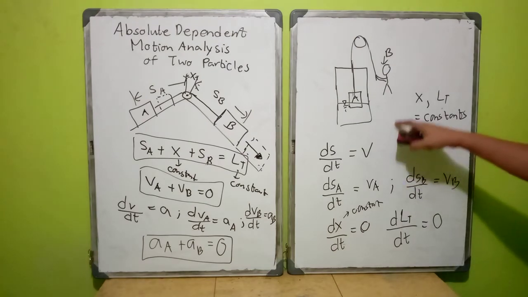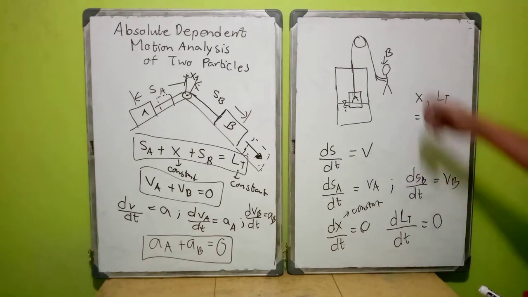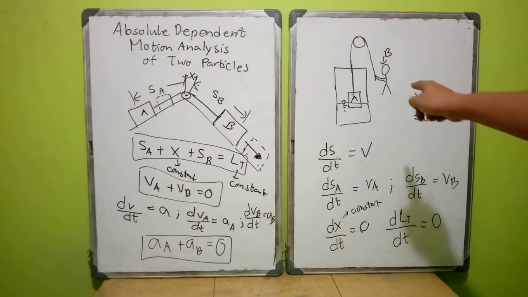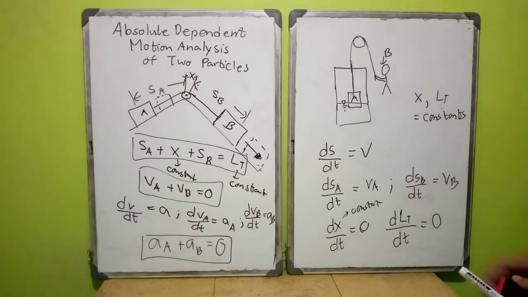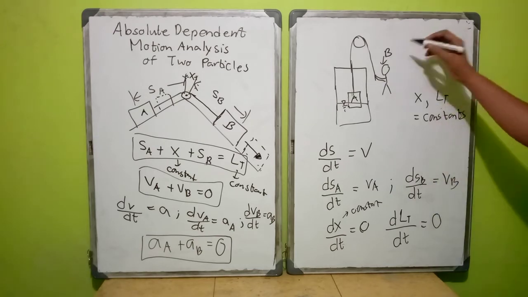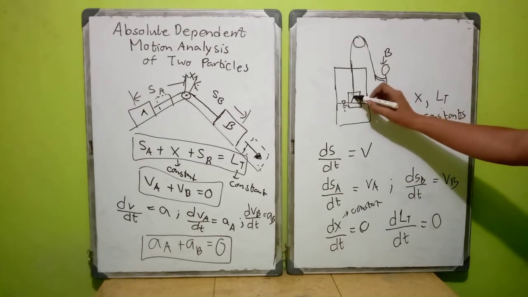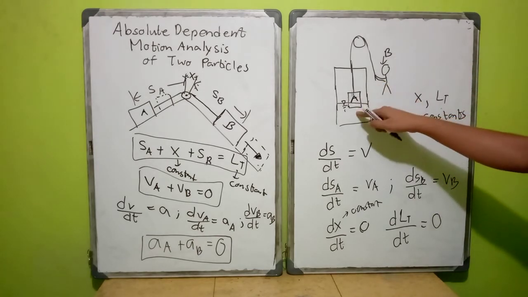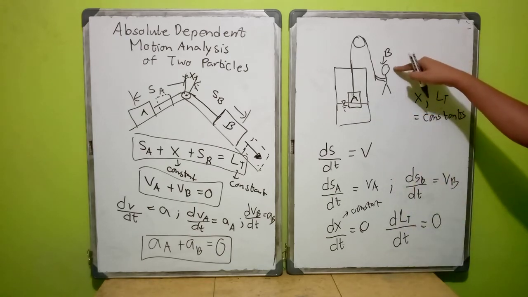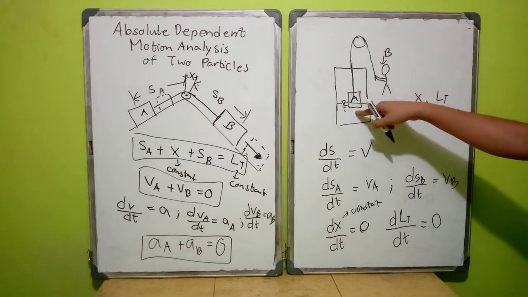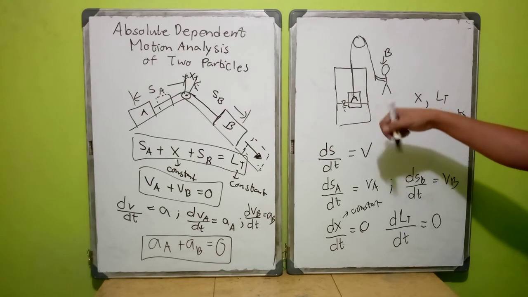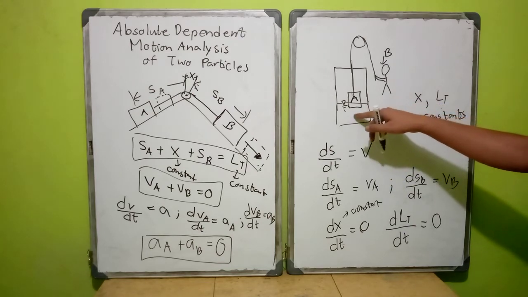So let's have another example. We'll tackle this problem. Let us say the pail inside the well is your particle A, and you are the particle B, since you are the one pulling this pail out from inside the well.